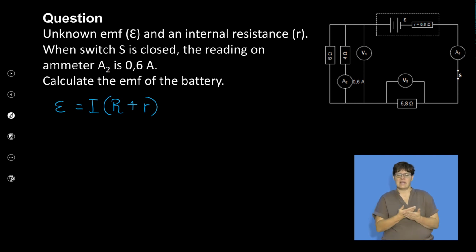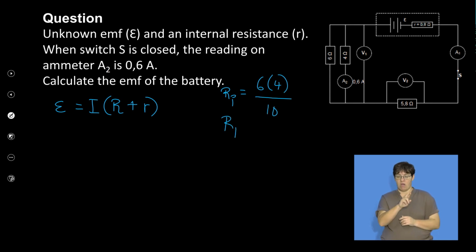Then we can find the equivalent resistance in the circuit, so by finding R parallel, okay? R parallel in this case is the resistance of the 6 and the 4 ohms. That is the branch part of the circuit, so we can use product over sum: 6 multiplied by 4 divided by the sum, which is 10. So our R parallel is equal to 6 times 4, that gives us 24, divided by 10, which is 2.4 ohms.